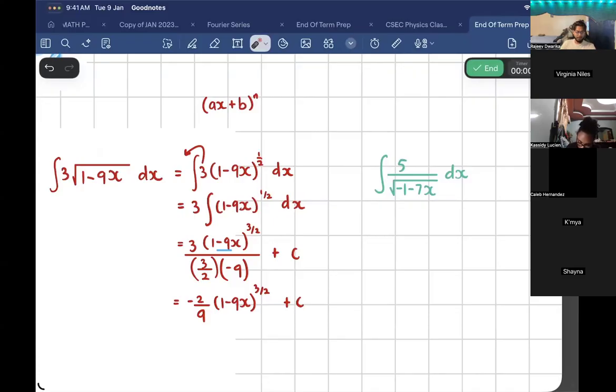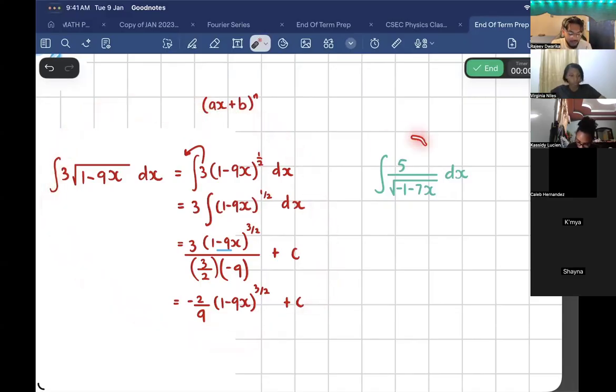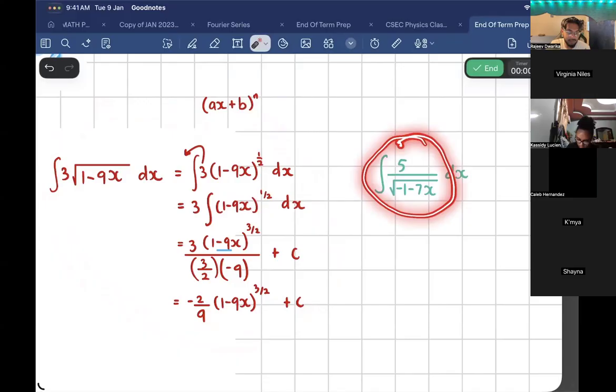Okay, I can answer the question now. Similar to the first question, are you all seeing any constants that we could potentially pull out? Kamaya, are you seeing any constants we could potentially pull out? I see Shayna on mute, I'll give it to Shayna. Shayna, are you seeing any constants we could pull out? Five.